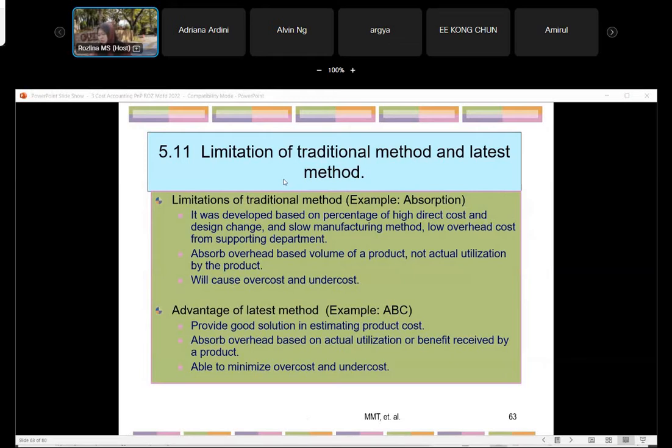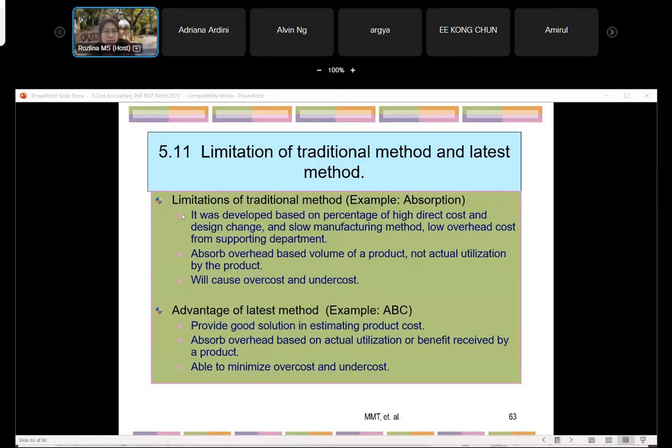After you did the traditional method, then you can see the limitation of the traditional method. It was developed based on percentage of high direct cost and design change, slow manufacturing method, low overhead cost from supporting the department. Okay, absorb overhead based on volume of a product, not actual utilization by the product. Okay, that is one of the limitation.